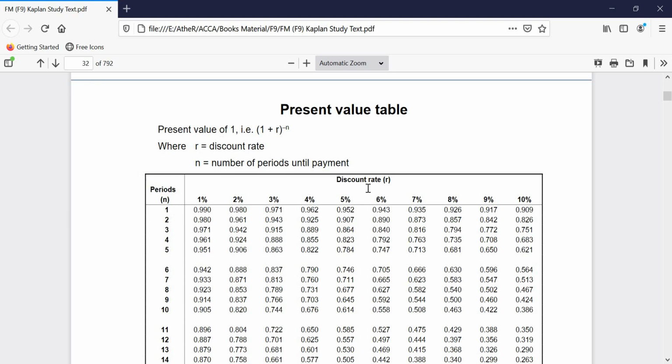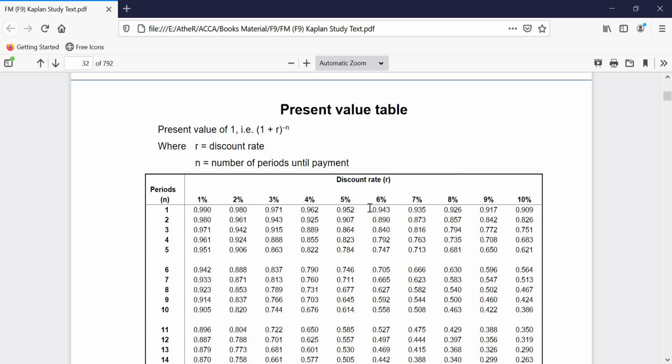Here we have the discount rates, starting from year number 1, because for year 0, the discount rate will always be 1. Now from here we have to choose the percentage at which we want to discount our values, and in this case we have 6%.